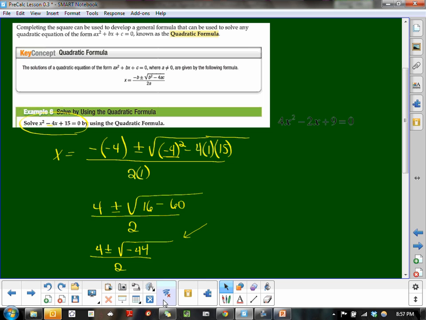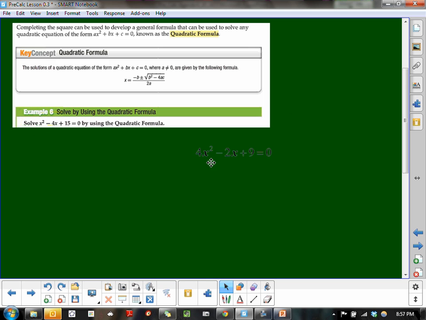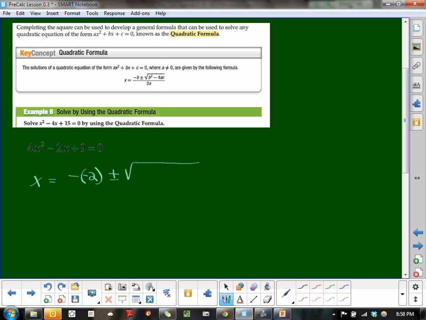We're going to take a look at one other one, see what other kind of varieties that we have in here. So this one is 4x squared minus 2x plus 9. It is in standard form. We'll go ahead and apply our quadratic formula right away. We can find the values of x that solve this equation by putting in the opposite of our b value, so opposite of a -2, plus or minus the square root of -2 squared, minus 4 times the value of a, which is 4, times the value of c, which is 9, all over 2 times a, and 2 times a is 2 times 4.